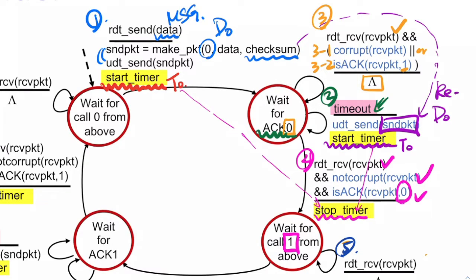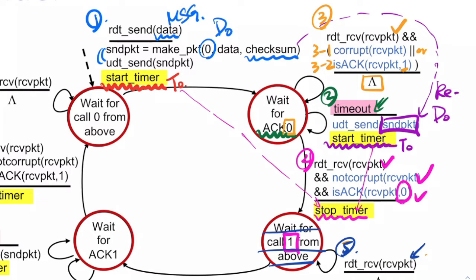So sometimes we will receive a packet from the receiver when we have already left sequence number 0. Currently we are on round number 1, right? We are waiting for a call from above and waiting for data number 1. All things about data 0 and ACK 0 are done, right?